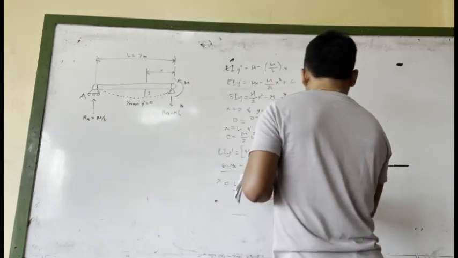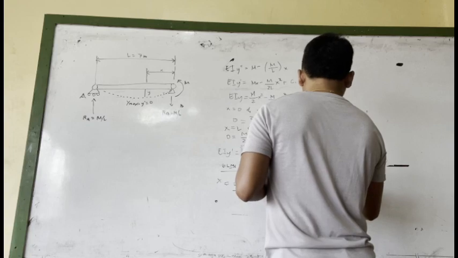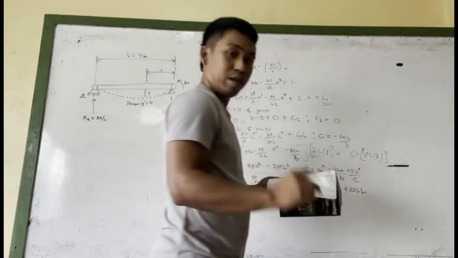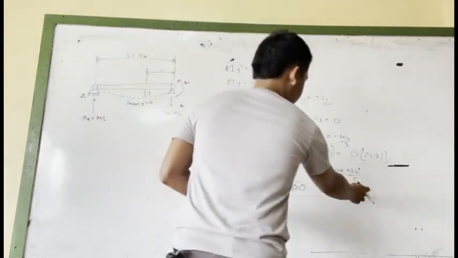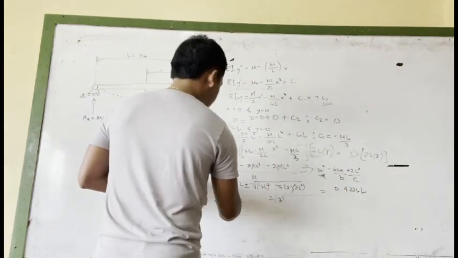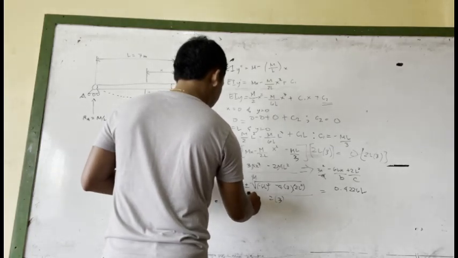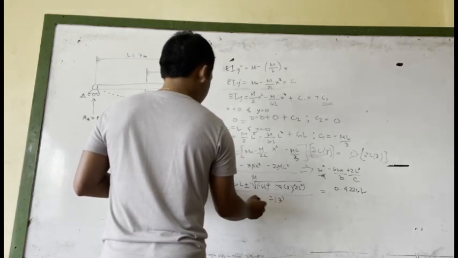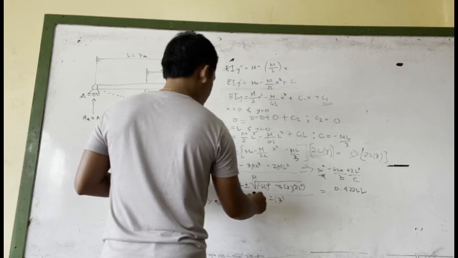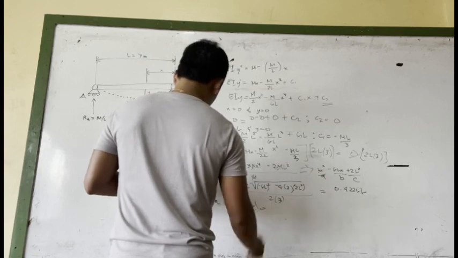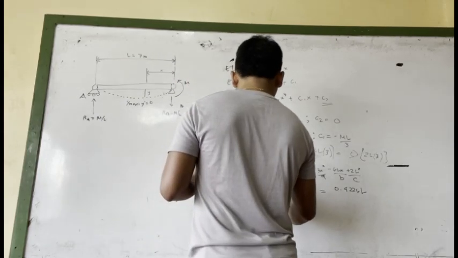So the result for this is 0.4226L right here, which will be substituted with our length. 0.4226L is equal to, substituting the length of 7 meters, 2.62.